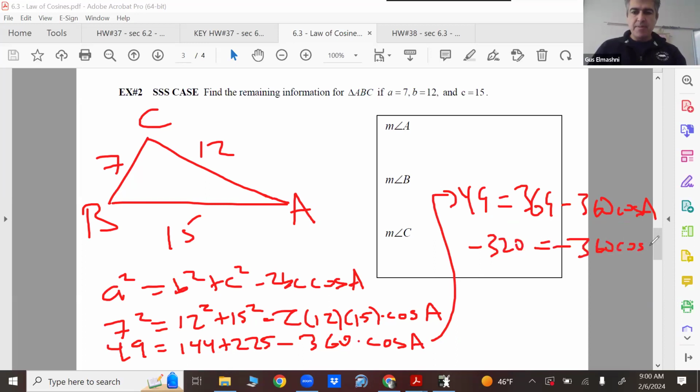Cosine A equals 320 divided by 360, 0.889. And if we do the inverse cosine, we get 27.266 degrees. So that's angle A.